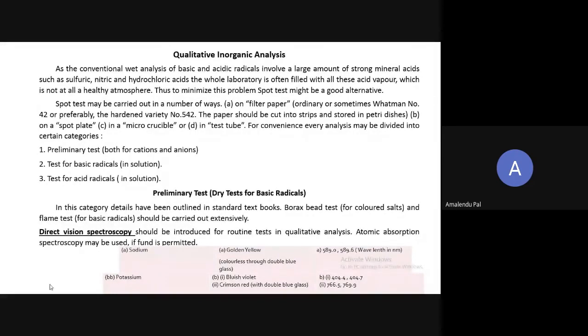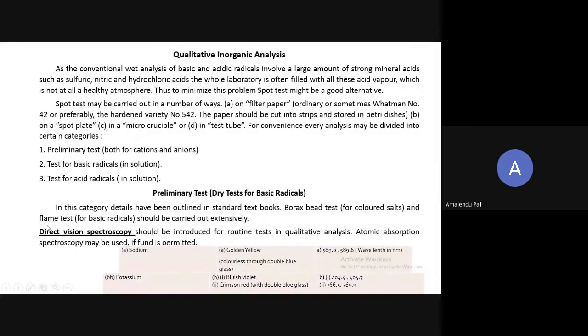Spot test is easy in the sense that you have to avoid sulfuric acid, nitric acid, hydrochloric acid, because the laboratory is filled with all these acid vapors, which is not at all a healthy atmosphere. So it is better to do the spot test. You can get how to do the spot test in any textbook.